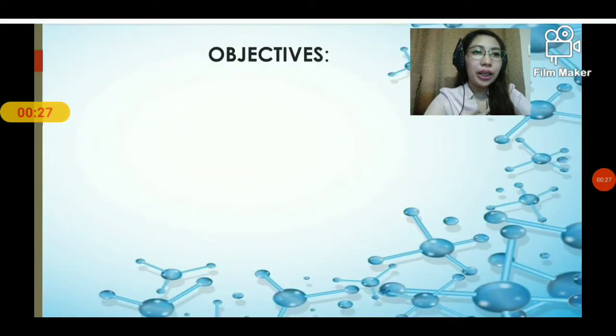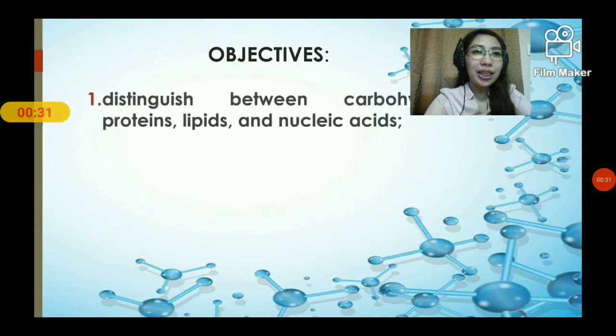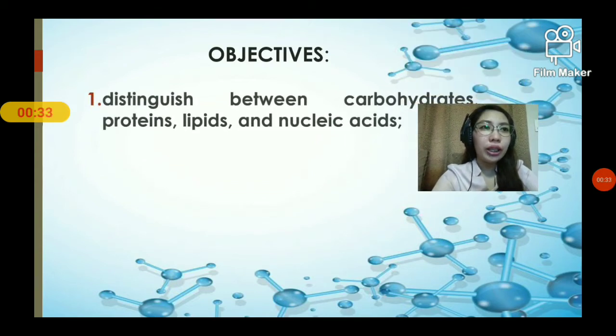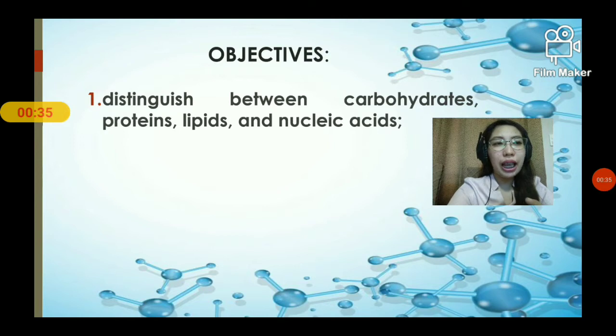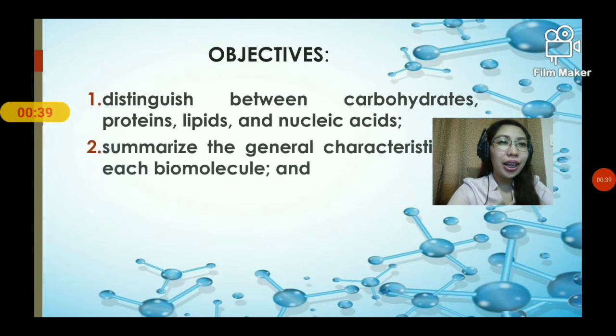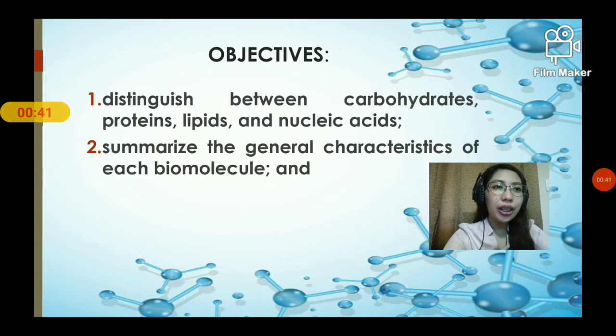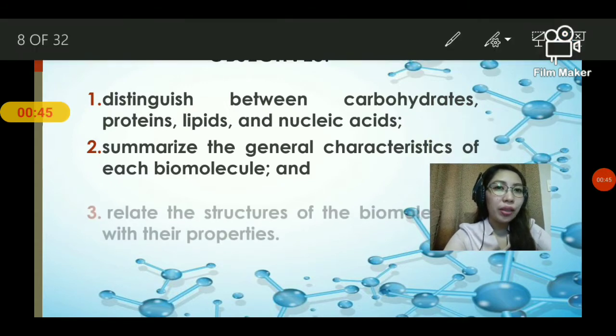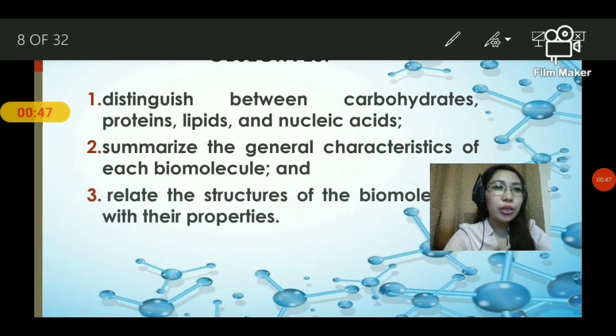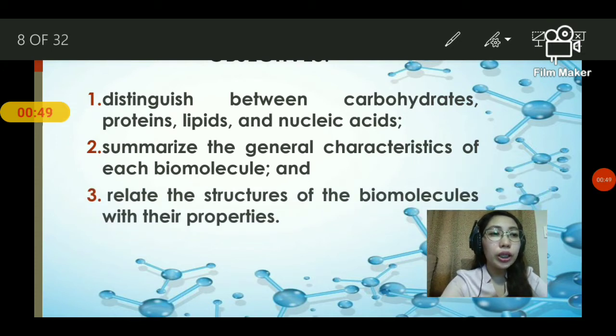Number 1 is to distinguish between carbohydrates, proteins, lipids, and nucleic acids. Second is to summarize the general characteristics of each biomolecule and relate the structures of these biomolecules with their properties. So those are our objectives for today.